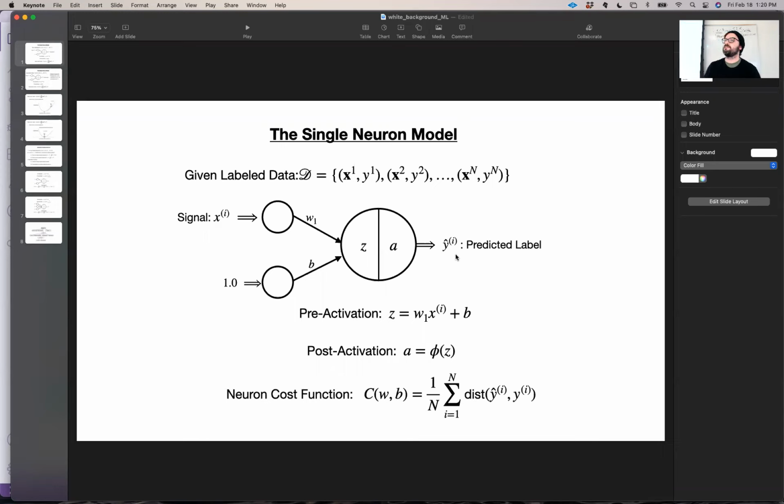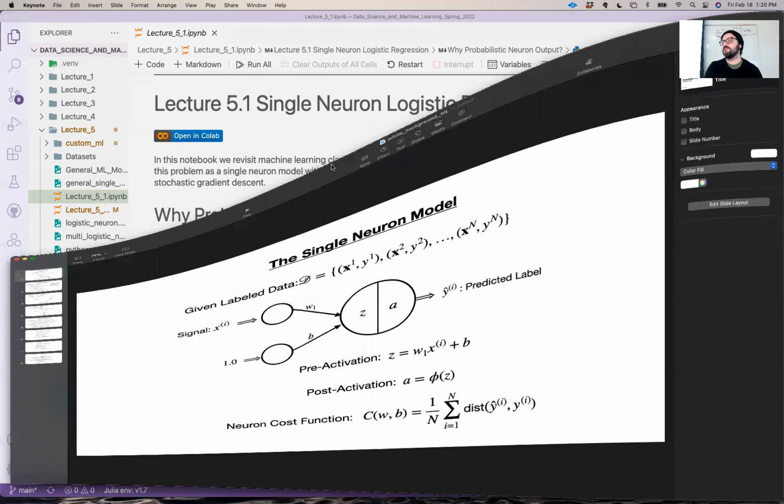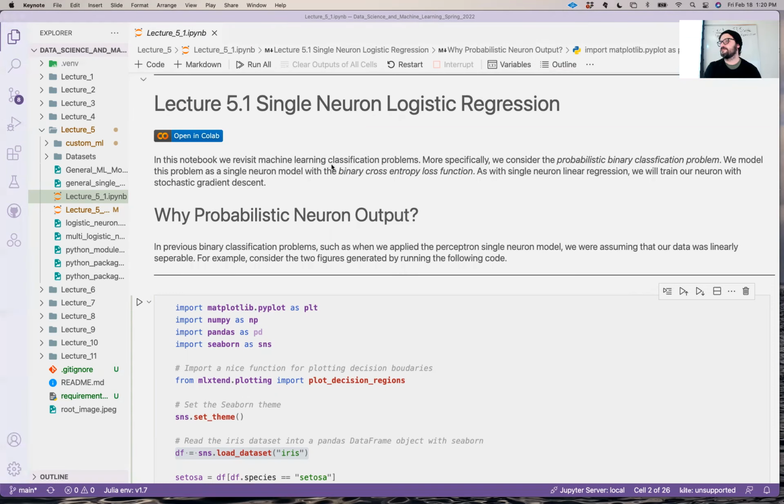It's going to be a probability. So why would we want to predict a probability instead of a label? And when I say probability, I mean the likelihood of being a label.